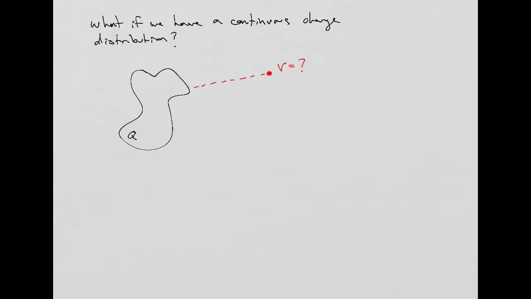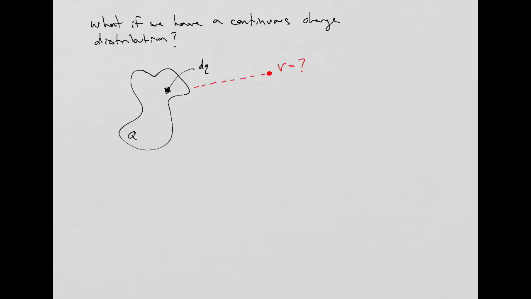We're going to zoom in on a tiny little patch. That patch is going to have some size, and it's going to have some charge on it, dq. The size, depending on the geometry of the problem, if you have a rod, if you have a ring, we'll call it something different, so we don't have to worry about what that's going to be right now.